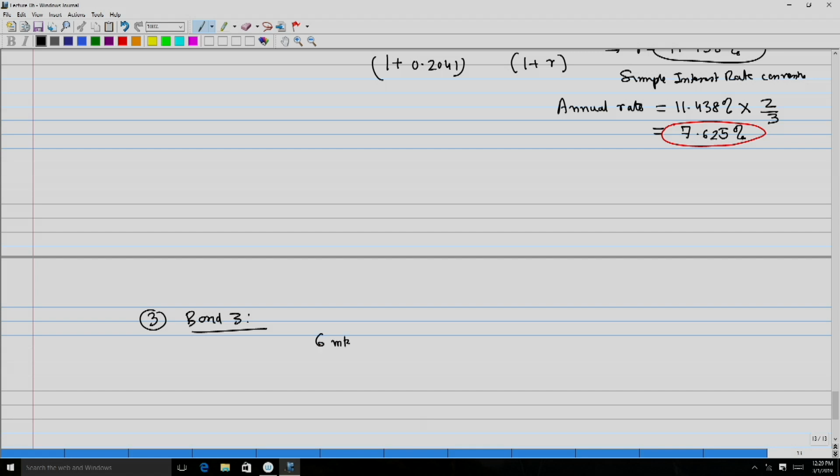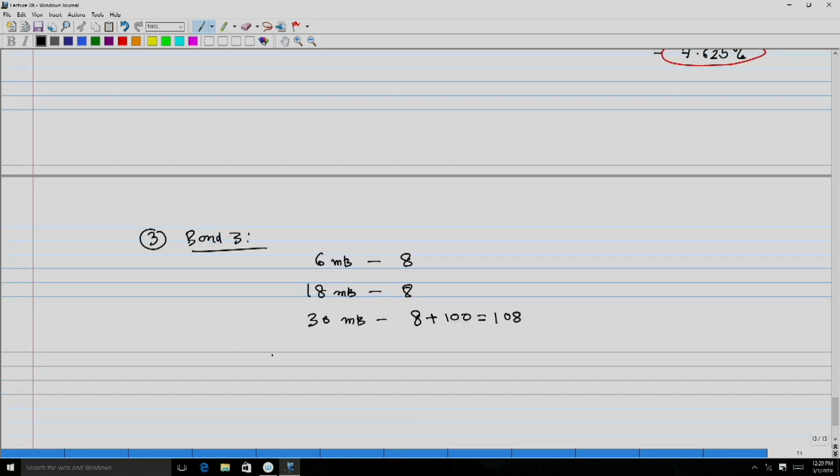So, that means at 6 months you get an amount of 8, at 18 months you get an amount of 8, and at the end of 30 months you get an amount of 8 plus 100, which is 108.